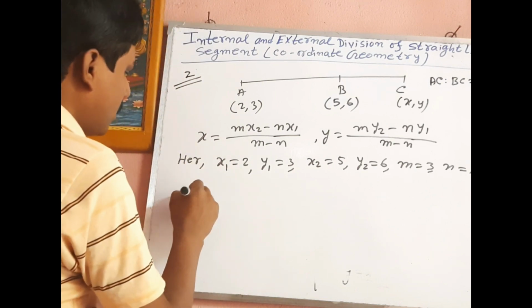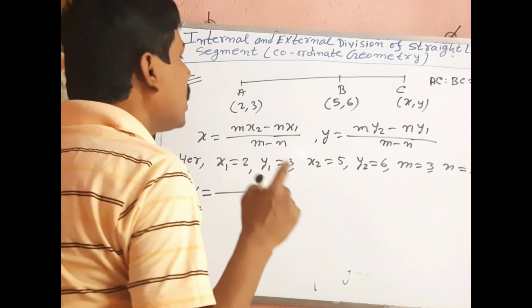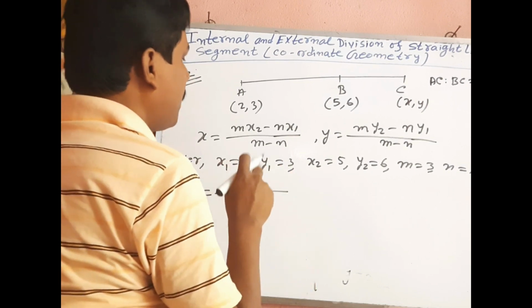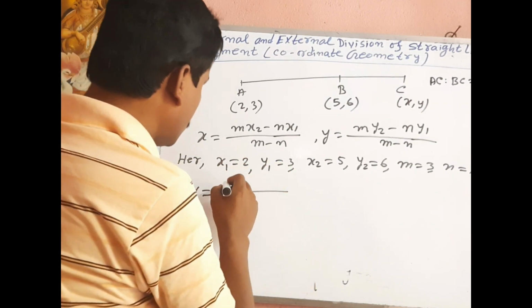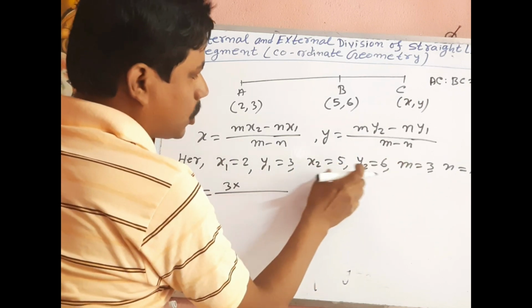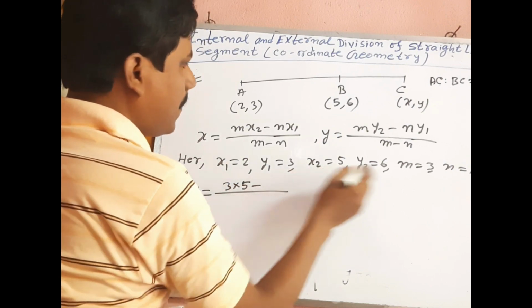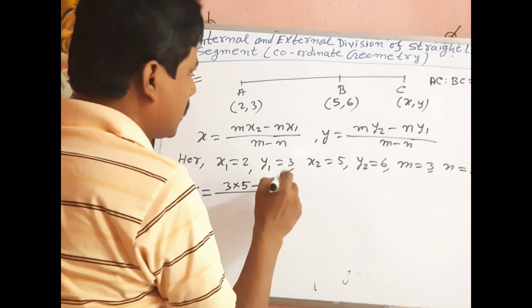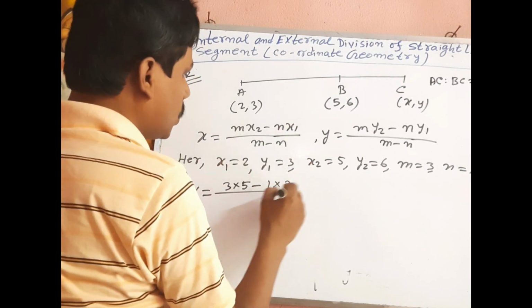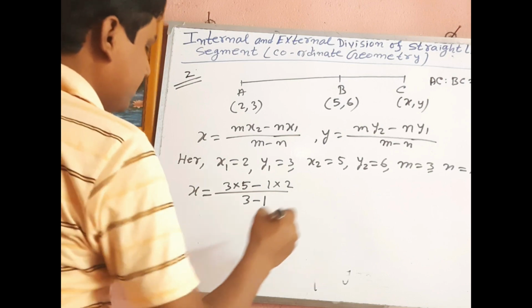That is, by putting the values of x2, y2, x1, y1, m, n, we get x is equal to, the value of m is 3 and x2 is equal to 5, minus n which is 1, times x1 which is 2, divided by m minus n, this is 3 minus 1.